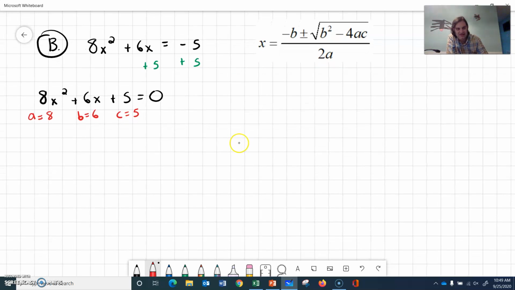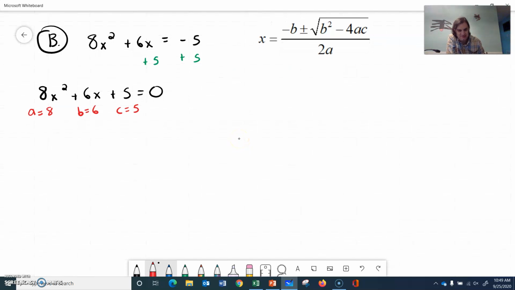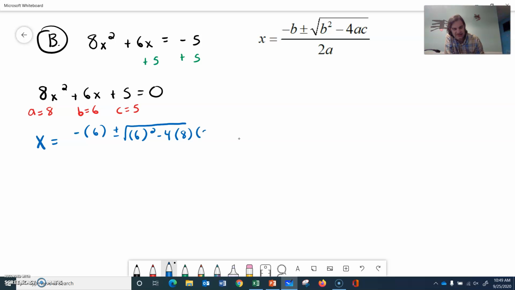So let's see if we can plug these in. I'm going to plug into my formula. X equals negative b plus or minus the square root of b squared minus 4ac all over 2a.